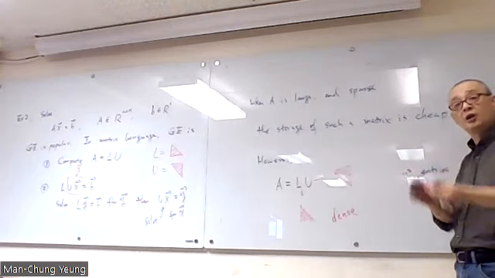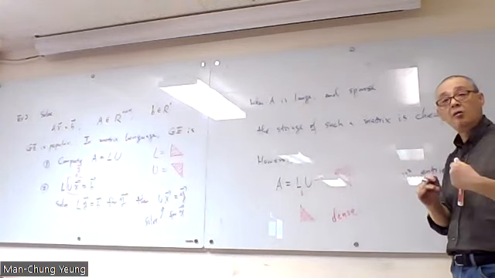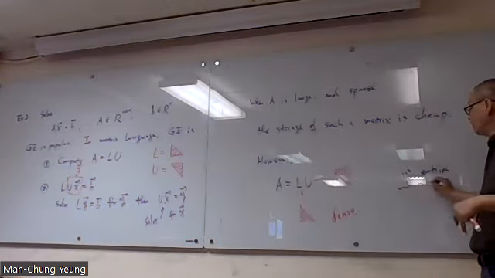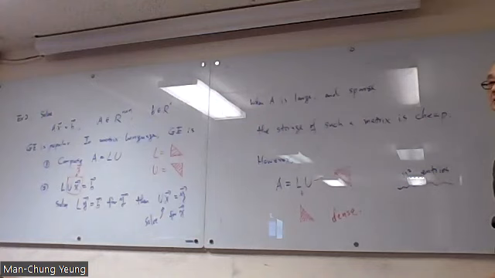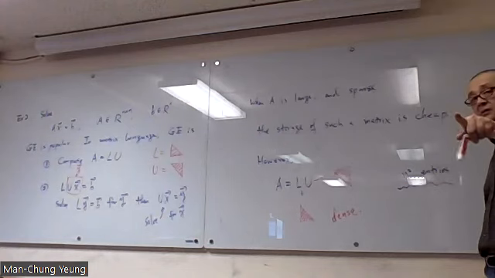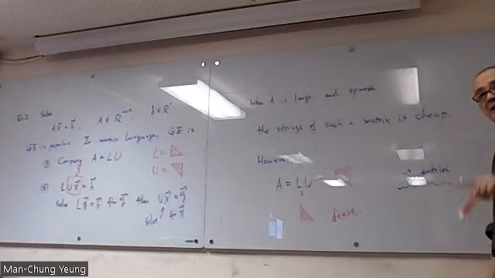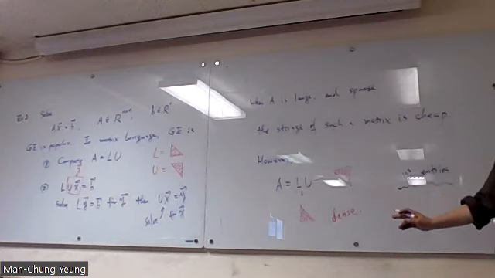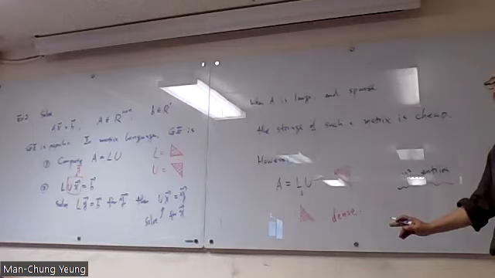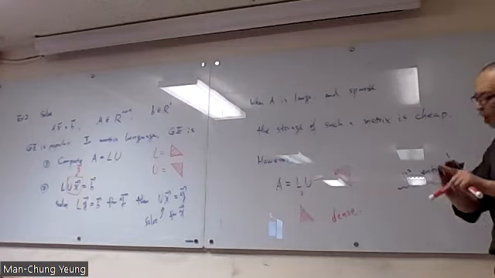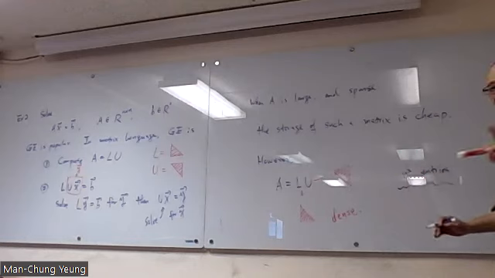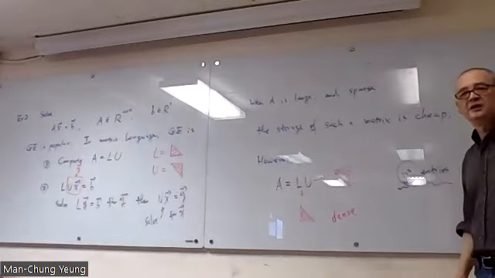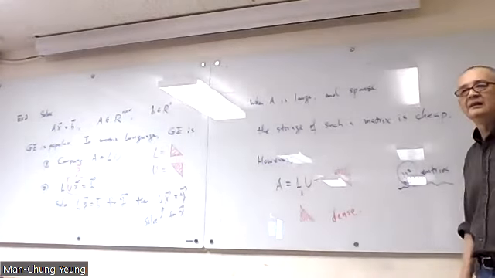My computer needs to hold L and U together, so many non-zero entries. Imagine a very large n, 10 billion, n squared. I think even a supercomputer cannot hold such a big amount of data.